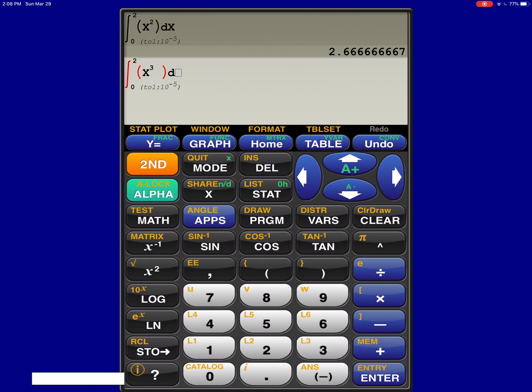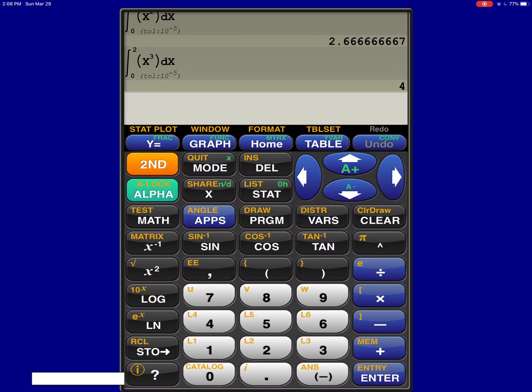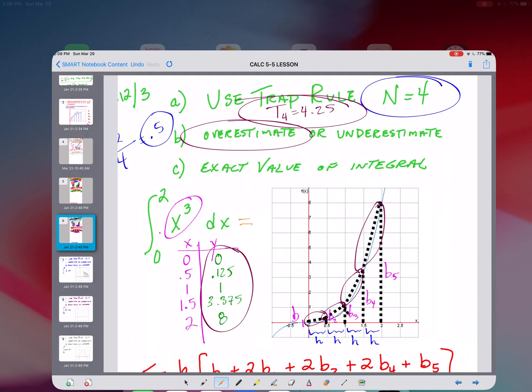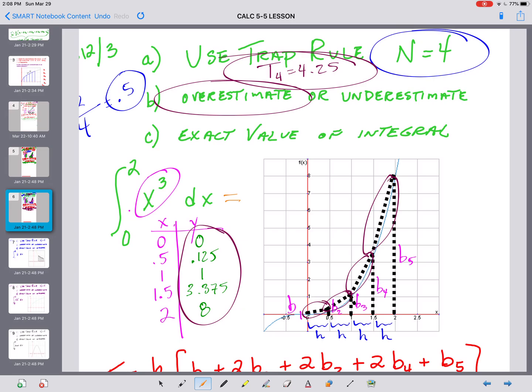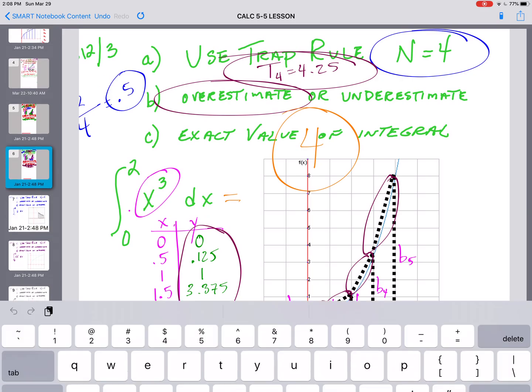The variable is always x. There it is. The answer is exactly 4. Yeah, the 4.25 was a little bit high. It was an overestimate. Okay, let's go to problem 4.